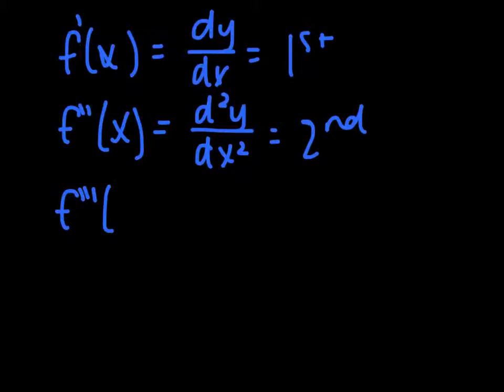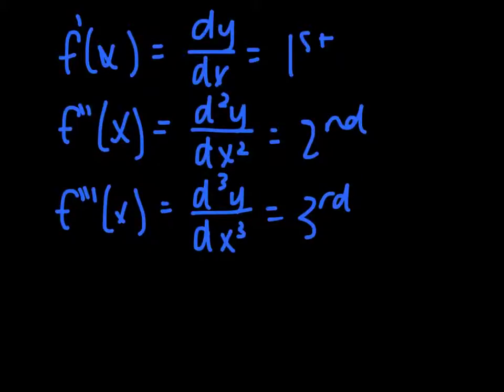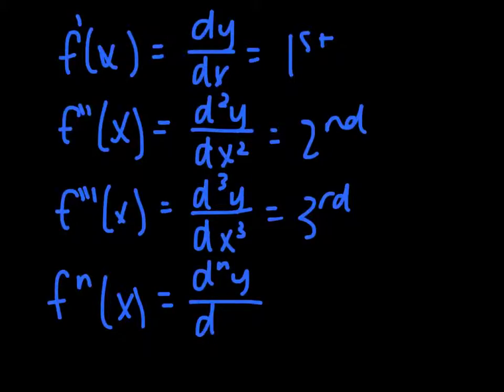F triple prime of x equals d cubed y over dx cubed, which is the third order derivative. And so as you see, there's a pattern here. F to the n of x is the same thing as d to the n of y over dx to the n. And that is the nth derivative.